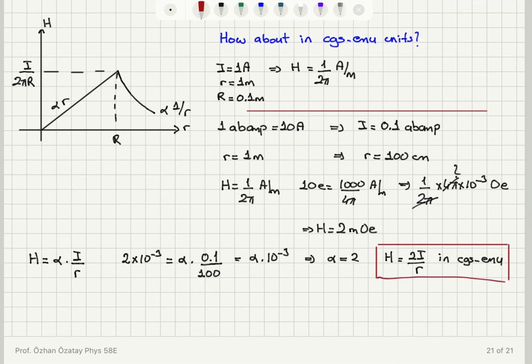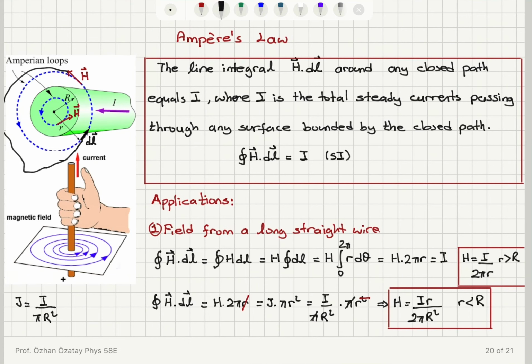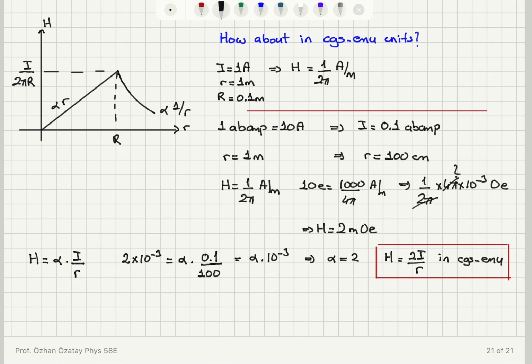So after figuring out this, basically I need to see how I should modify Ampere's law. Ampere's law gives me the closed path integral H dot dl equal to H times 2 pi r, and this was equal to I. So now I have to modify it.